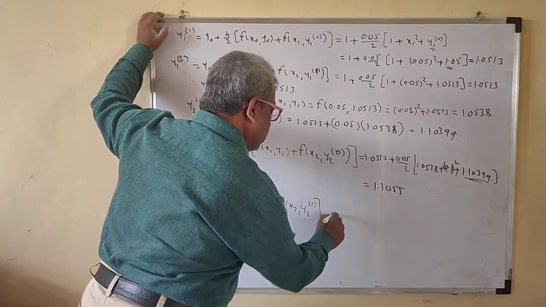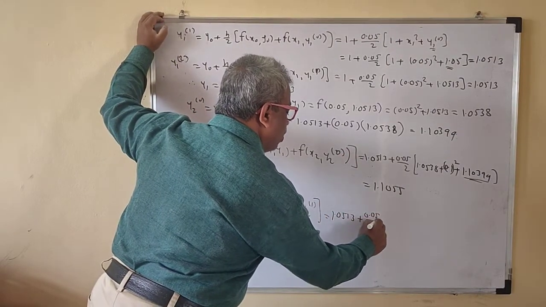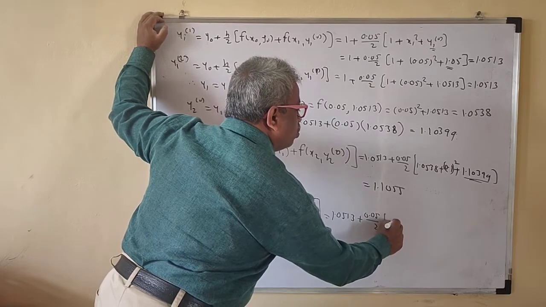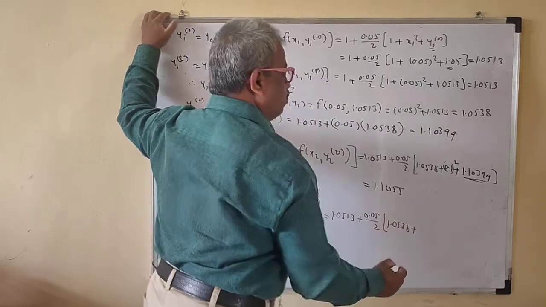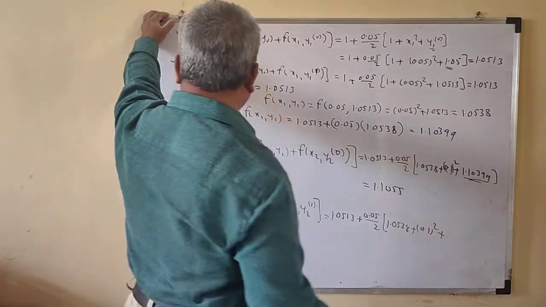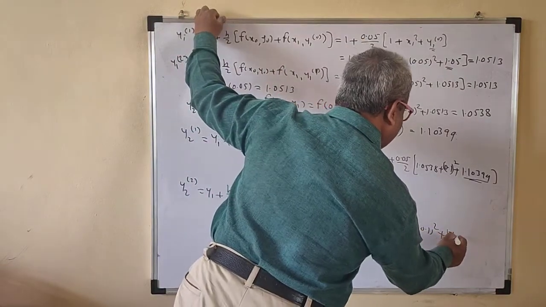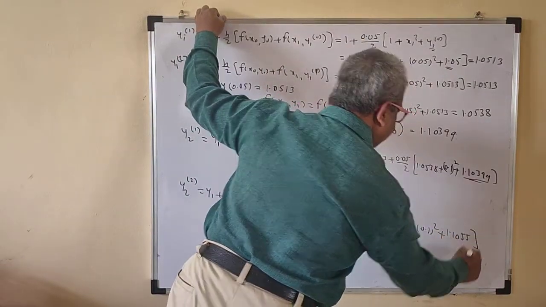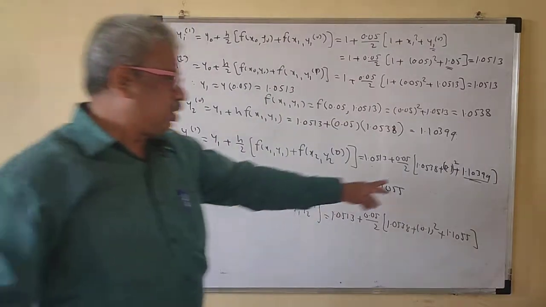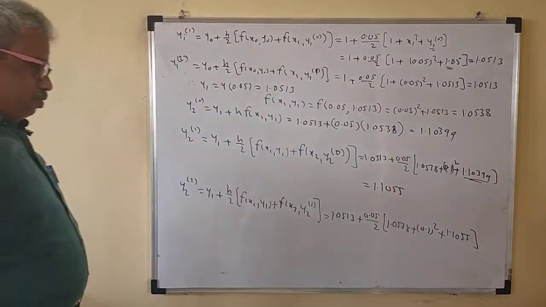Just will write as it is now. 1.0513, 0.05 upon 2, 1.0538 plus 0.1 square plus you have to write y2 of 1 now. So y2 of 1 is what? 1.1055. Right? Only I have to change this value.